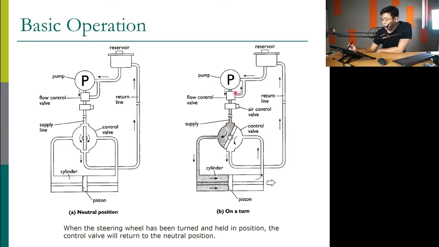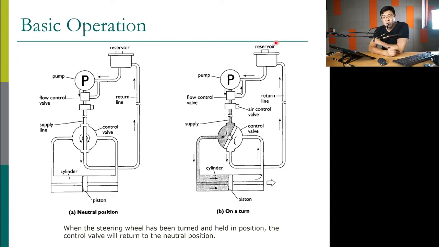So it will block the pressurized fluid and let it go to this side of the power cylinder, which pushes the piston, or pushes the rack, this way. The return fluid goes to the control valve, and then the control valve lets it flow back to the pump like that.